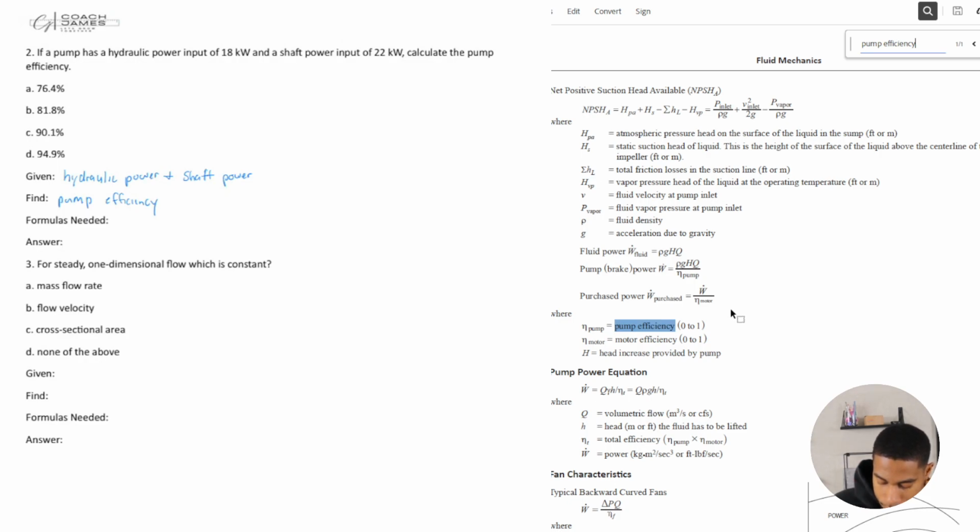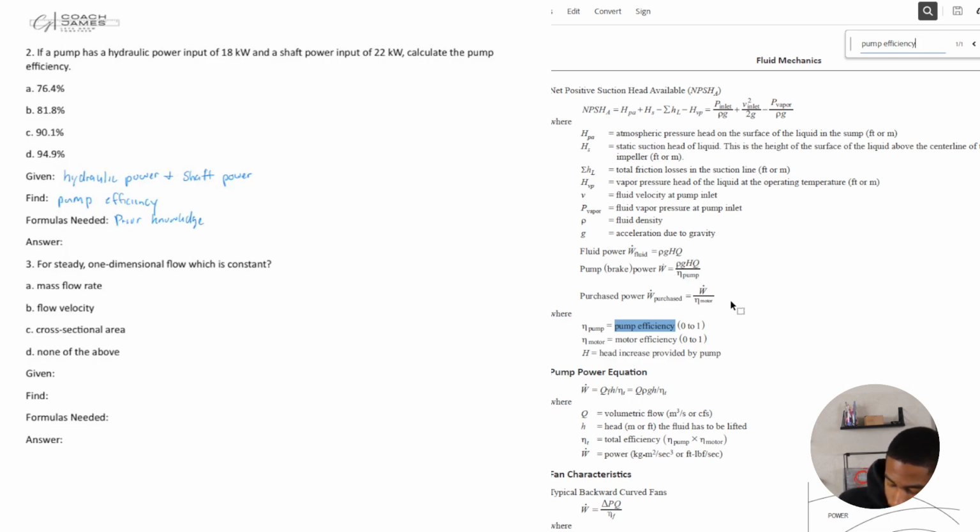So based off the information that I'm given, I'm given that you have a shaft that can go up to 22 kilowatts. And I know just from prior knowledge, there's some prior knowledge that you're going to need to know.